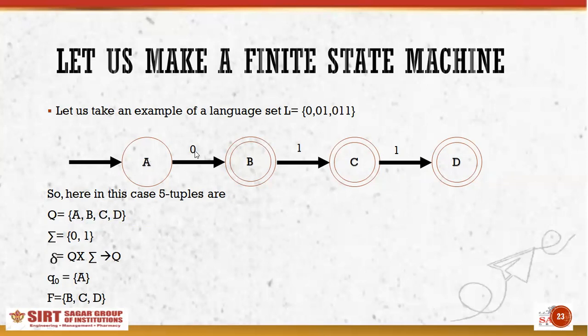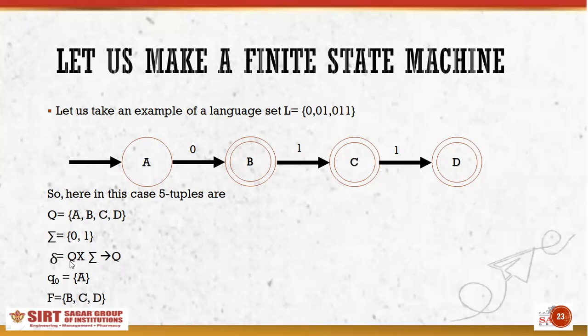All the alphabets written above these transition arrows are termed input alphabets. So 0 and 1 are the input alphabets which we have used, so sigma is equal to {0, 1}. Now talking about the transition function, I have written Q cross sigma maps to Q.